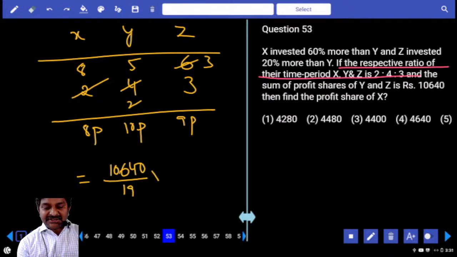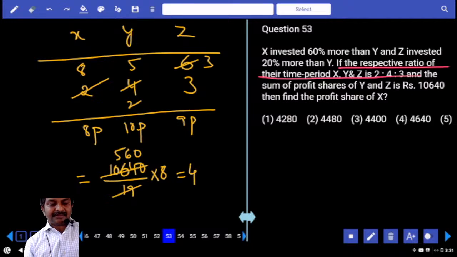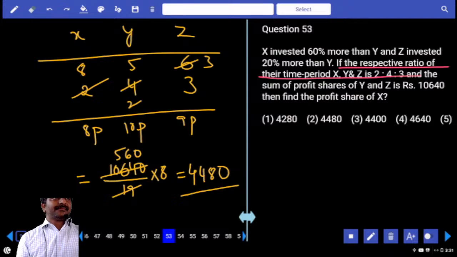Profit share of X, which is equal to 8 parts. 560 times 8 is 4,480.